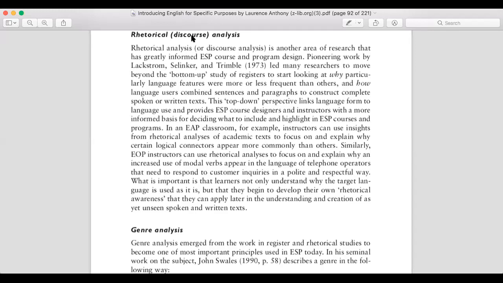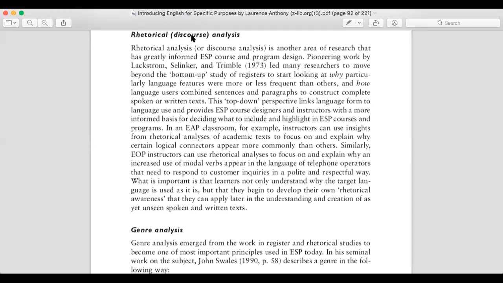But when we are trying to develop and decide the objectives of ESP, right? We rarely go for the grammar rules or specific grammar, okay?